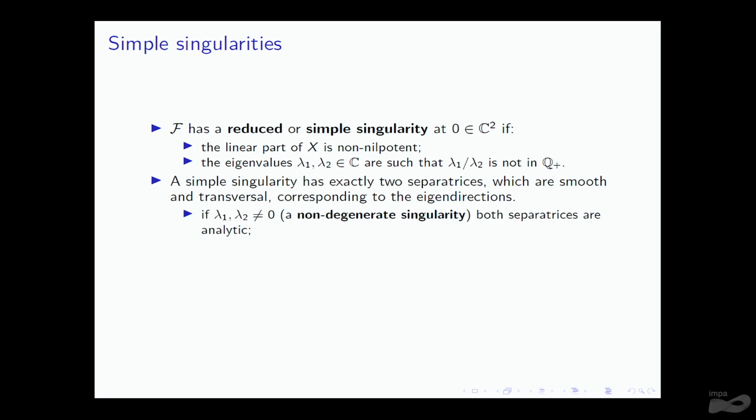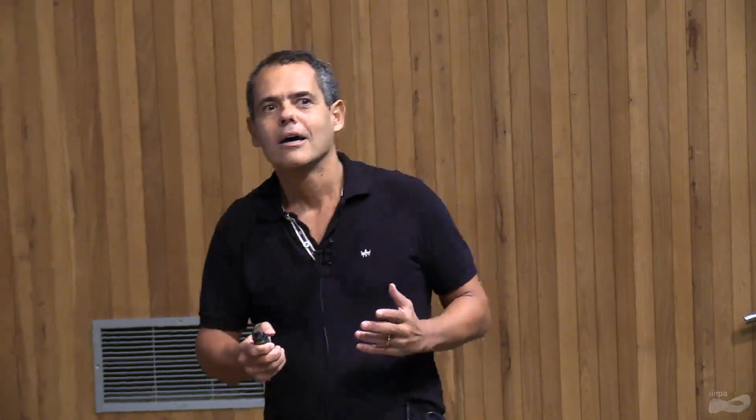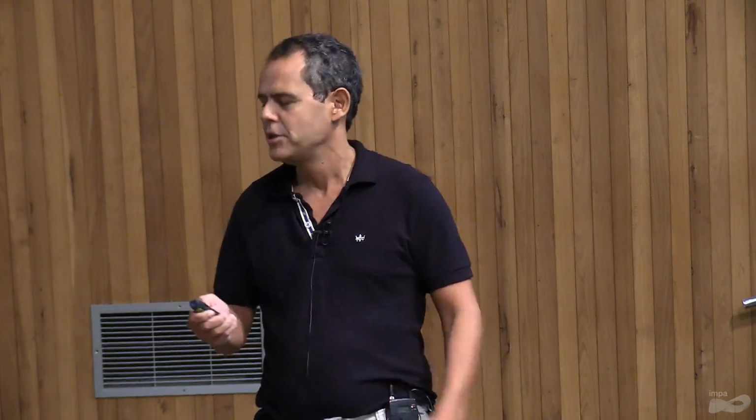In the non-degenerate case, both eigenvalues are non-zero, and both separatrices are analytic. But if one eigenvalue is 0, we have a saddle-node singularity, and the separatrix associated to the non-zero eigenvalue is convergent. It's called the strong separatrix. The one associated with the zero eigenvalue can be purely formal. That's the way formal invariant curves appear.